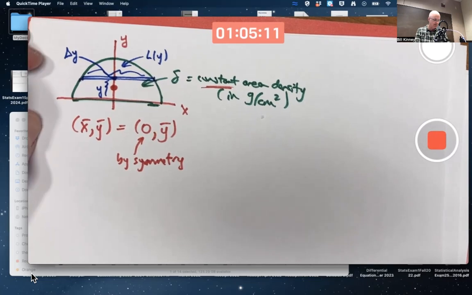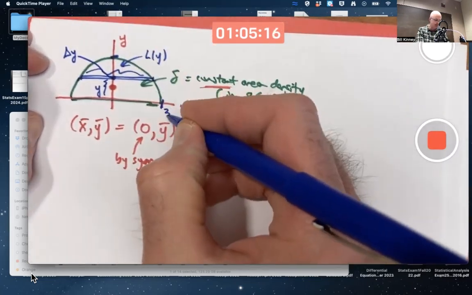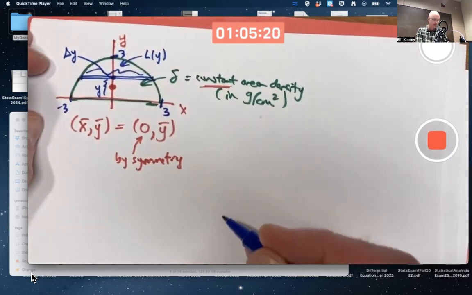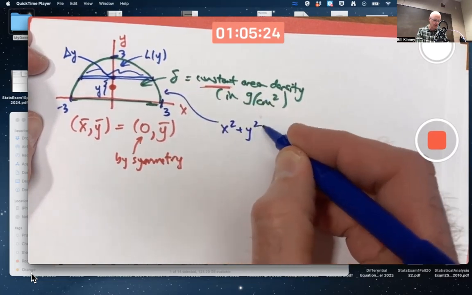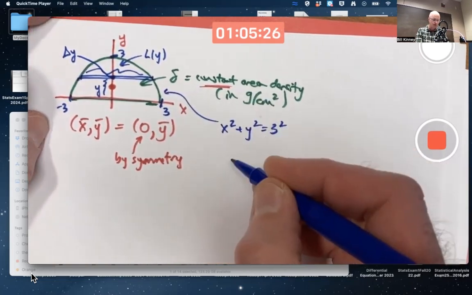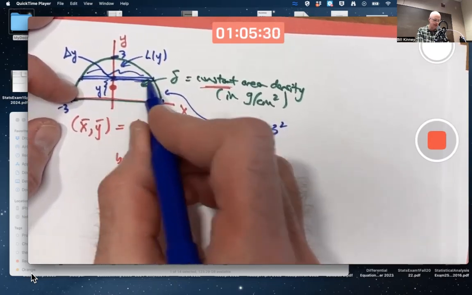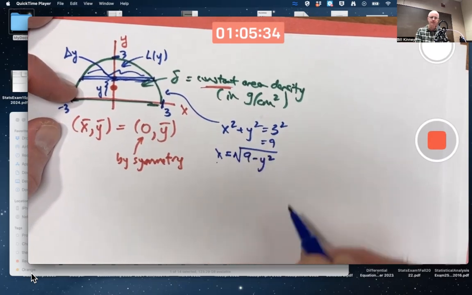What does it equal? Well, I need to know what the semicircle is. Let's say this is 3, 3, and -3 here. So the radius is 3. The equation of the circle here would be x squared plus y squared is 3 squared, 9. So x, the horizontal distance right there, is going to be the square root of 9 minus y squared.